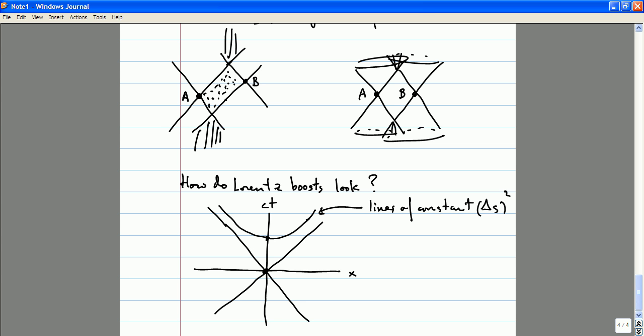We'll get there. And likewise, if you have an event happening at t equals 0, but x not equal to 0, those two events at the origin and at x not equal to 0 are space-like separated. And so if you ask how the coordinates x and t change as you perform a Lorentz transformation, again, the new values of x and t will lie on some line of constant delta s squared, which again is a hyperbola.